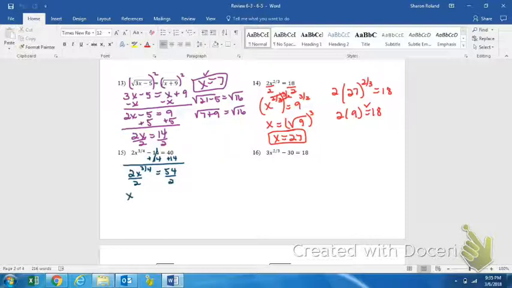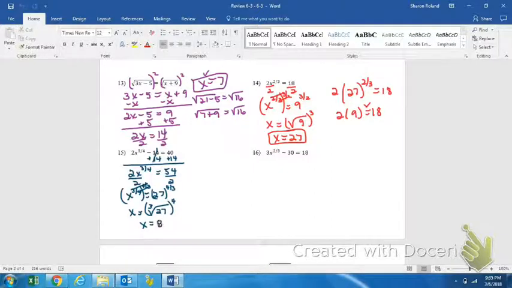You have x to the 3/4 is 27. We're going to put both of these to the 4/3 power, which cancels here, and you're just left with x. But this is the 3rd root of 27, which is 3, to the 4th power.